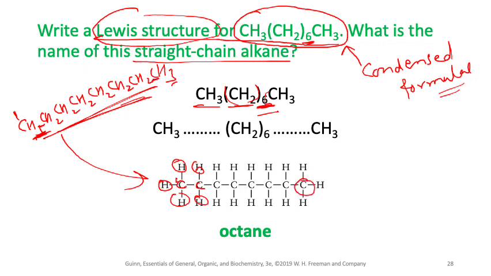So the best way to draw a loose structure, I would recommend, is to count how many carbons you have in this structure. In this case we have 8 total carbons. So put 8 carbons, 1, 2, 3, 4, 5, 6, 7, 8, and make a single bond between them, right?